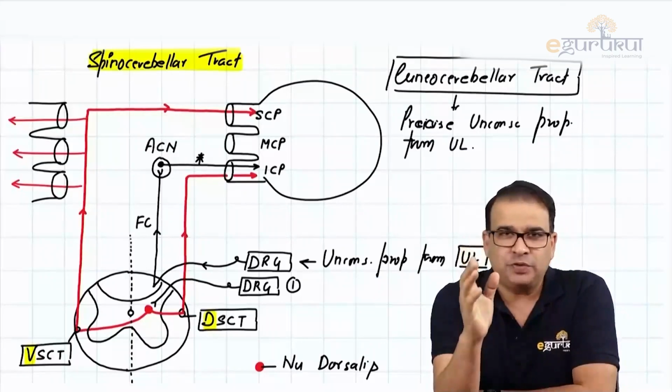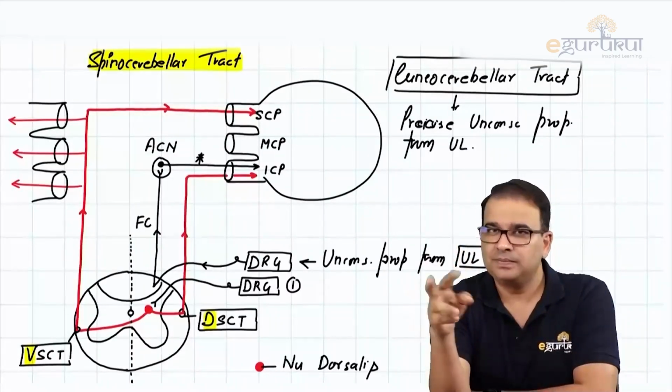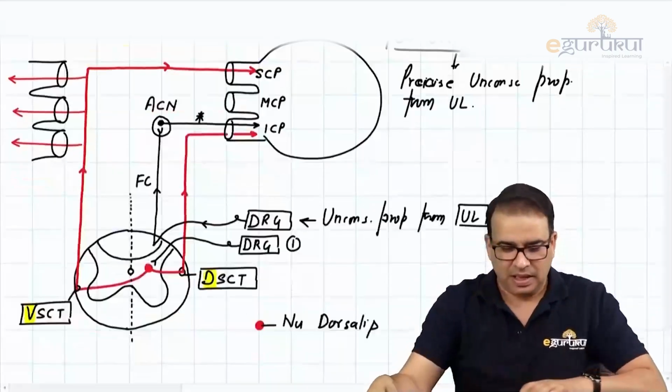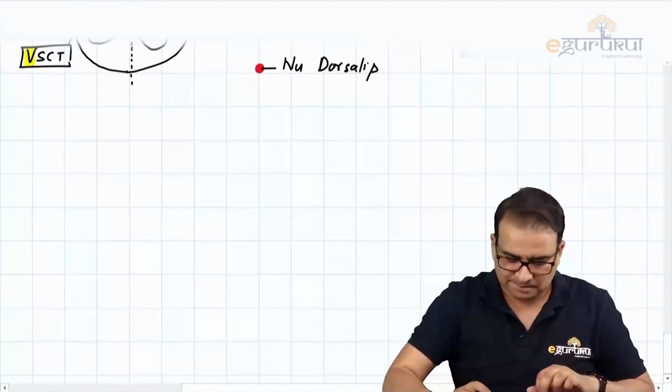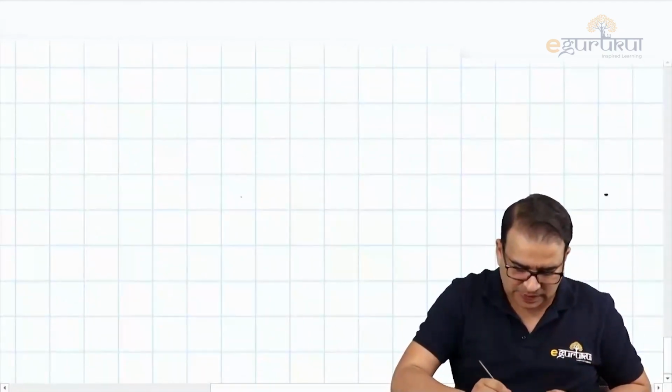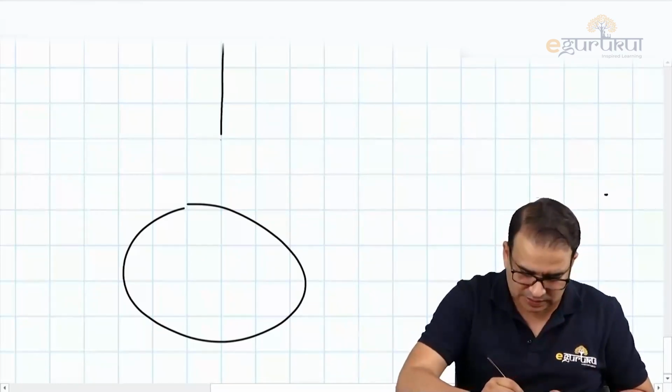If there is injury to fasciculus gracilis, or if there is injury to fasciculus cuneatus, the effect will be a bit different. Let's understand this in this manner. Imagine this is a spinal cord, just draw it very roughly. This here is the midline.